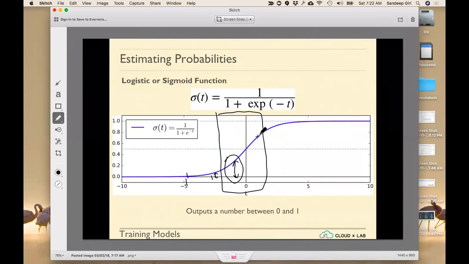And on this side it is greater than 0.5. We generally say when the probability is greater than 0.5, we say 1. So the sigmoid function is a little bit more decisive than the normal functions. I'll show you how.